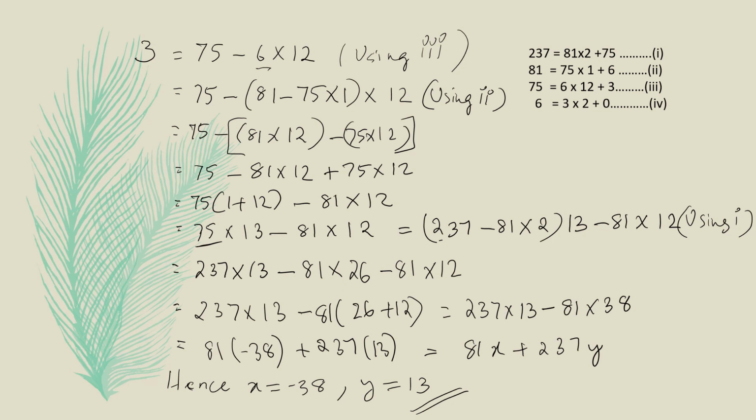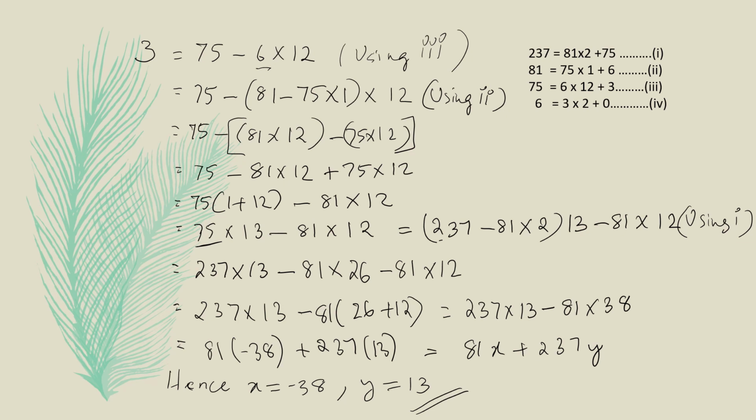So 237 into 13 is written, and then minus 81 is taken as a common factor, so you get 26 plus 12 inside the bracket, and therefore it is 237 into 13 minus 81 into 26 plus 12, which gives you 38. So 81 into minus 38 plus 237 into 13 is the final answer.